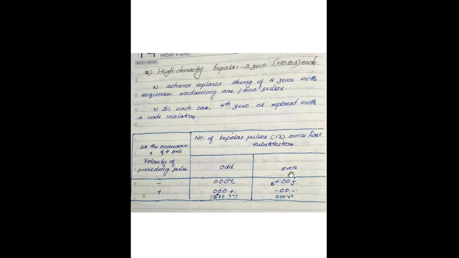If it is an even number of ones and the preceding pulse is negative, it is encoded as plus 0 0 plus. If the preceding pulse is positive and the number of ones since the last substitution is odd, it is encoded as 0 0 0 plus, and if the number of ones is even, it is encoded as minus 0 0 minus.